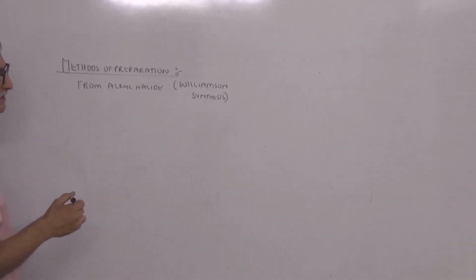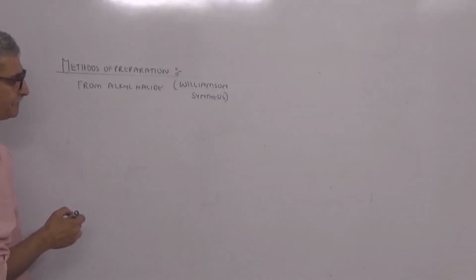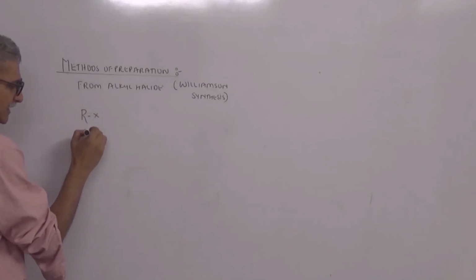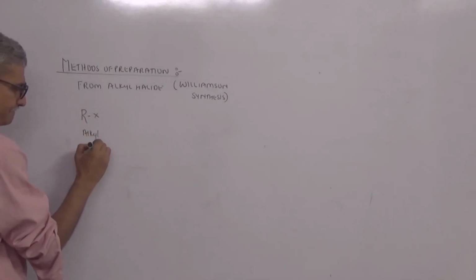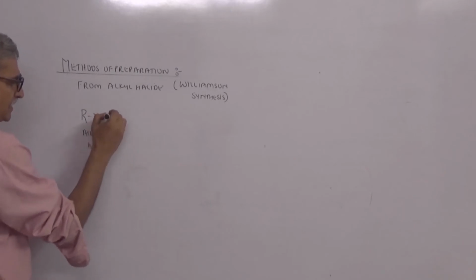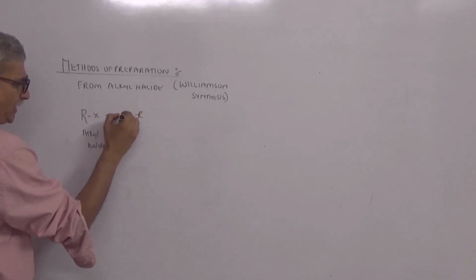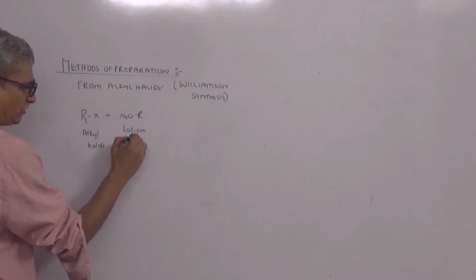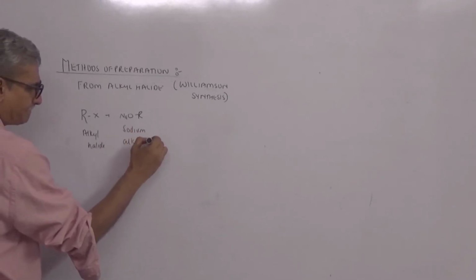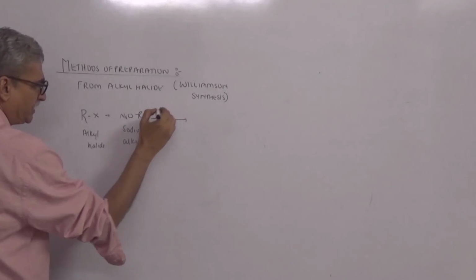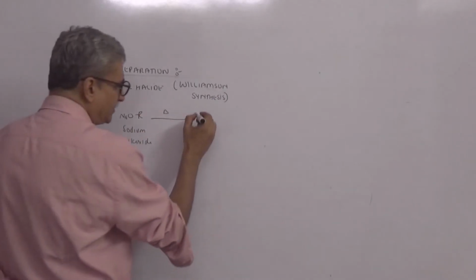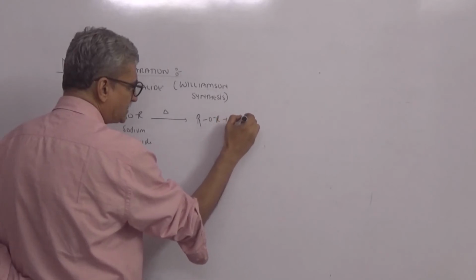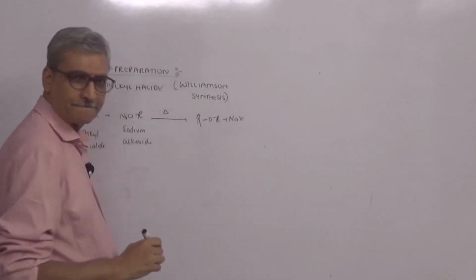So listen carefully, we have RX, alkyl halide, and we have RONa, that is sodium alkoxide. So when you heat it, what happens? You get ROR plus NaX. This is ether.